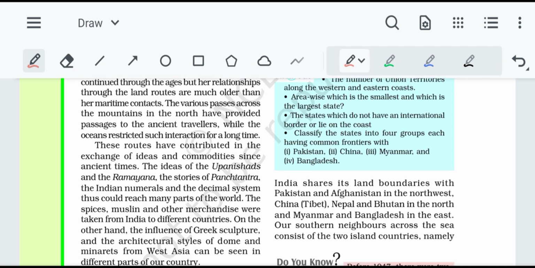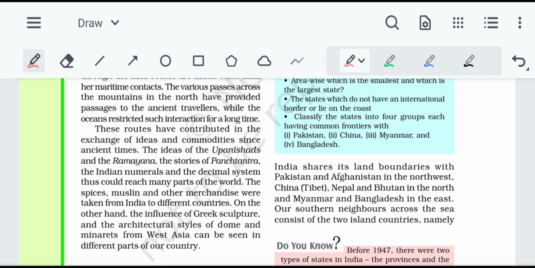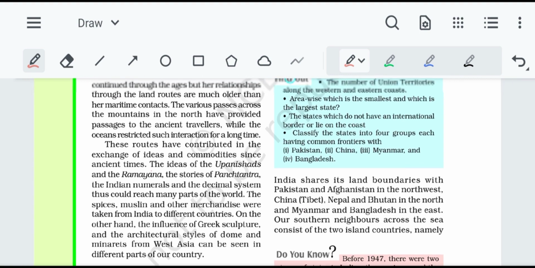Spices, muslin and other merchandise were taken from India to different countries. On the other hand, the influence of Greek sculpture and the architectural style of the Minoans of West Asia can be seen in different parts of our country.